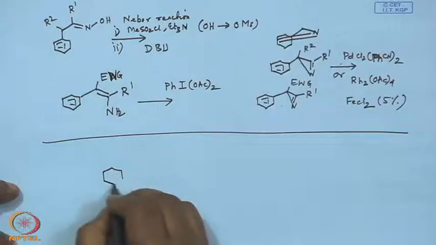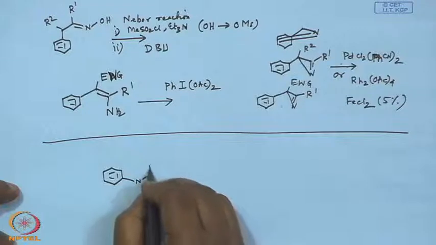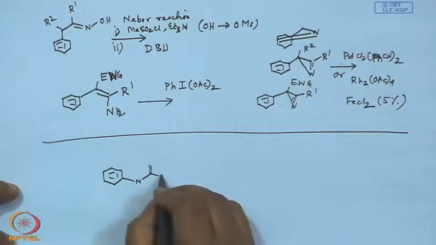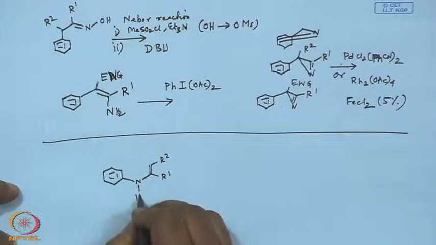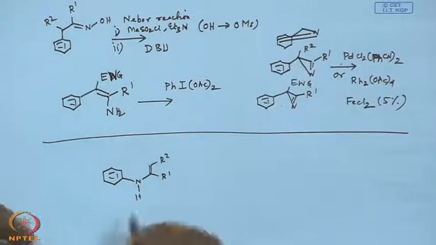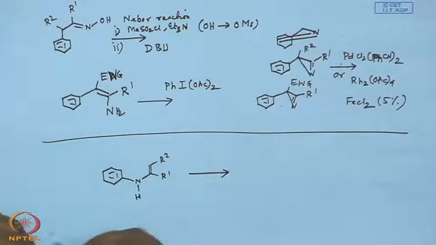There are other ways also to look at it. For example, if you take an enamine kind of thing, if you take a ketone and straight away make this enamine, so what can you guess, how do you make indole from here?